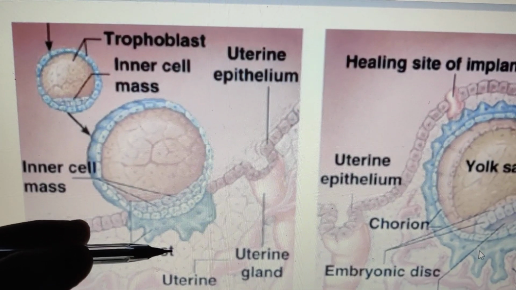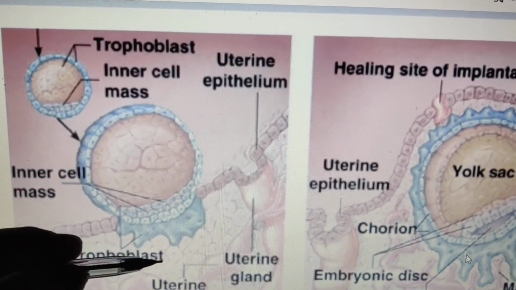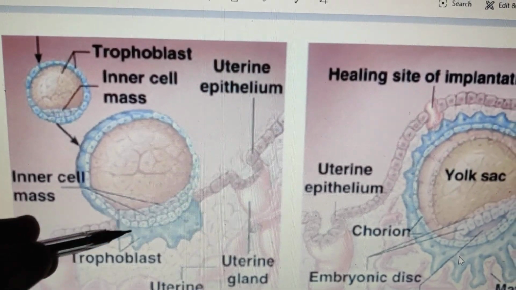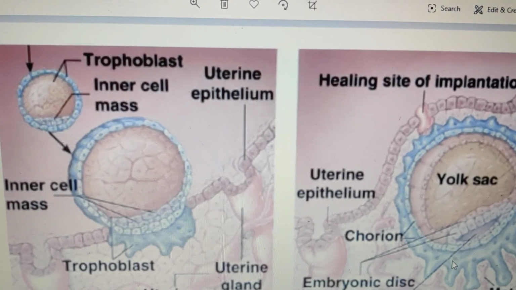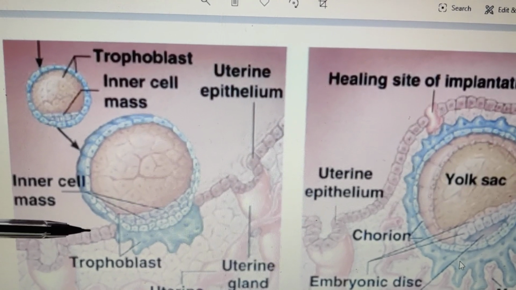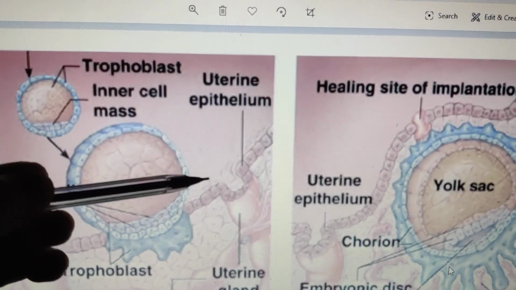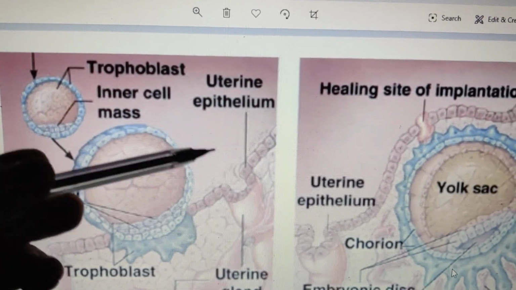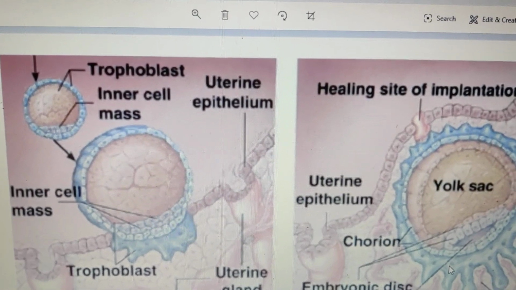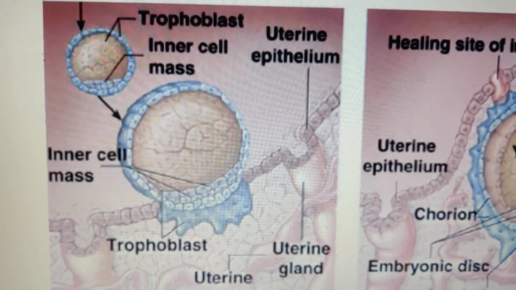At the same time, the wall of uterus also forms a finger-like projection which forms a connection with these structures, that is termed as the placenta, and the remaining wall of uterus covers the blastula all around. So this is how the implantation takes place.